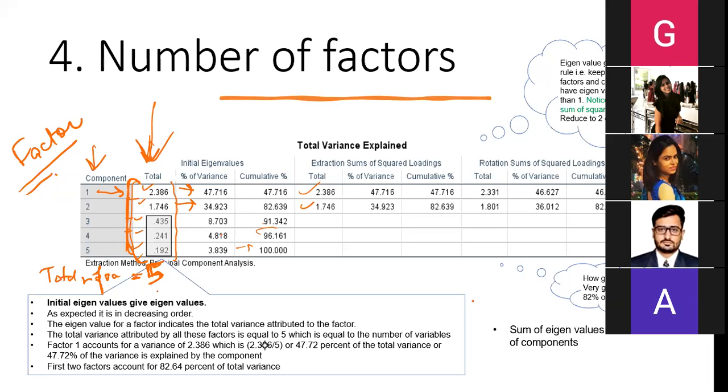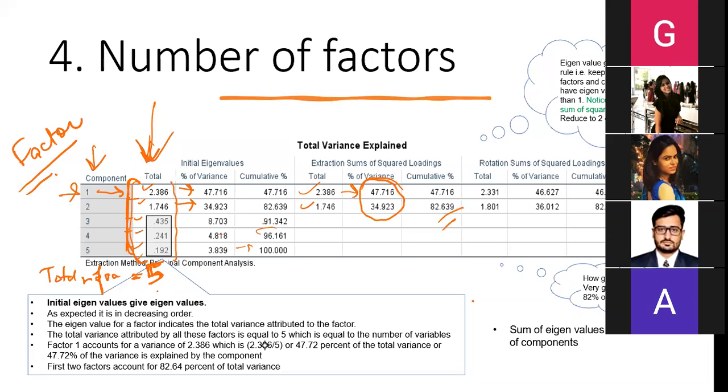The first factor is explaining what percentage of variance? 47.716 of the variance. And what is the variance that these 2 factors combined are explaining? 82.639.